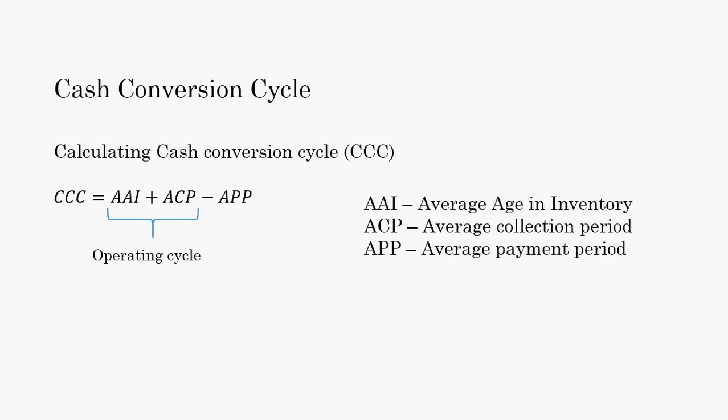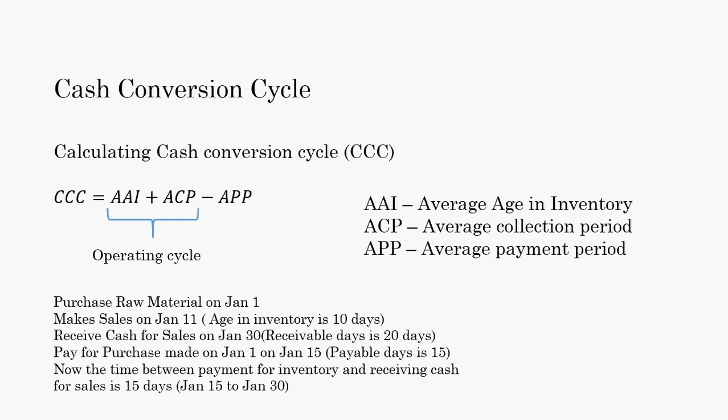Average payment period is the payable days, the days you take to pay for your purchase. To understand this better, we'll look at an example.